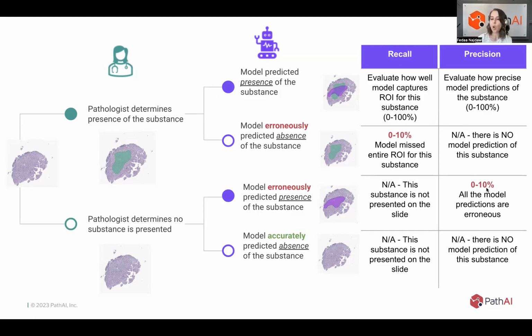That's because all the model predictions of that substance are actually erroneous. Recall, which is looking at the presence of a tissue region or a substance, is NA, because this substance is not present on the slide. If the model accurately predicted the absence of such substance, then both recall and precision would be NA.